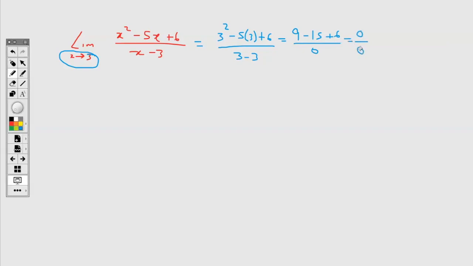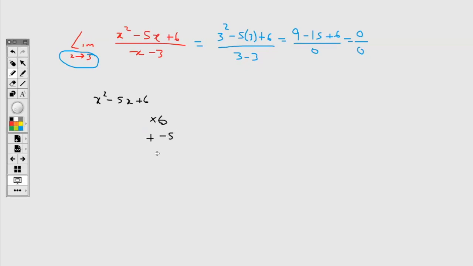Once you have this, we have to do more work, which is factorizing, in this case, the numerator. So I'm going to factorize the numerator x squared minus 5x plus 6. I need two numbers that multiply to give me positive 6 and, when I add them, give me negative 5.